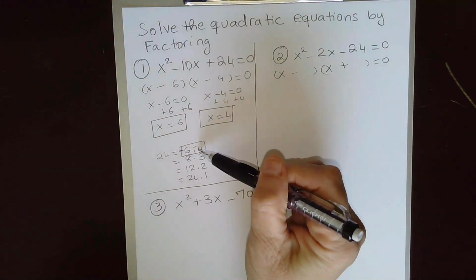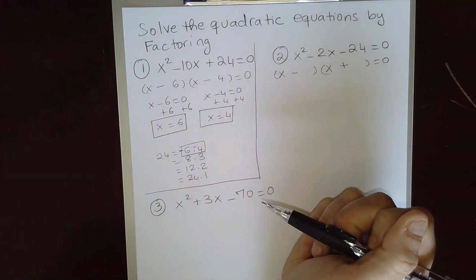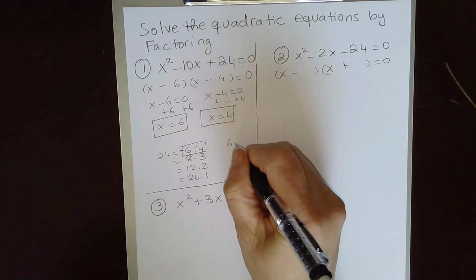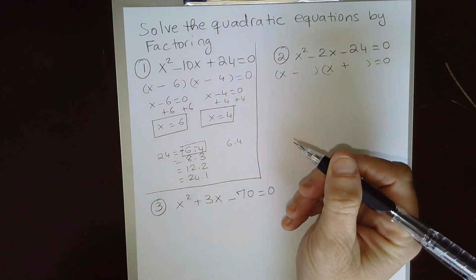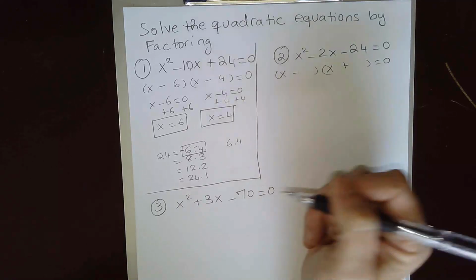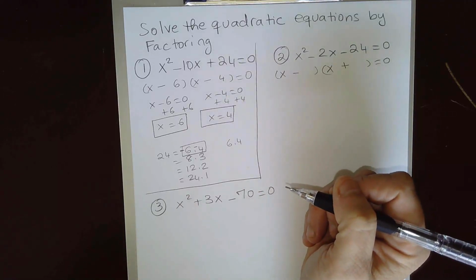Again, you have to ignore the negative. So 6 and 4 give me a product of 24, and the difference also gives me a 2. We just have to worry about the sign now.